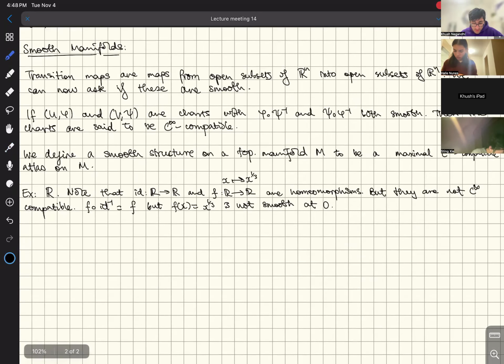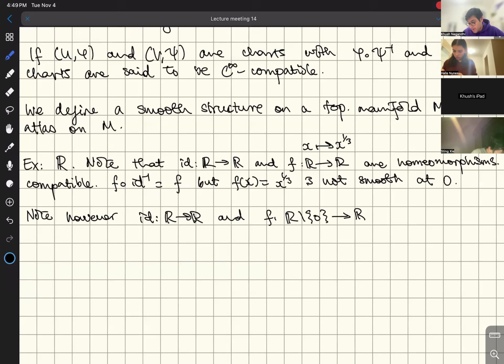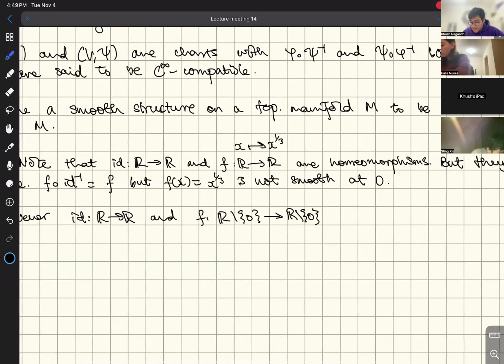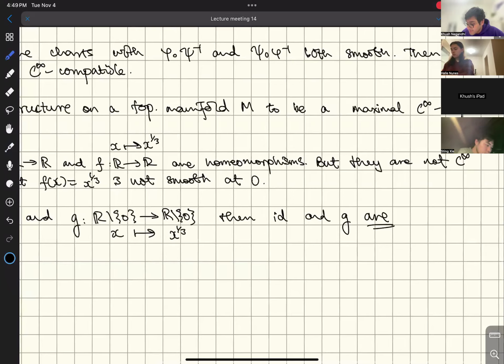Now, one more thing to note. Note, however, that if you take the identity map and a map g from R remove 0 into R remove 0, given by x goes to the cube root of x, then ID and g are C infinity compatible.